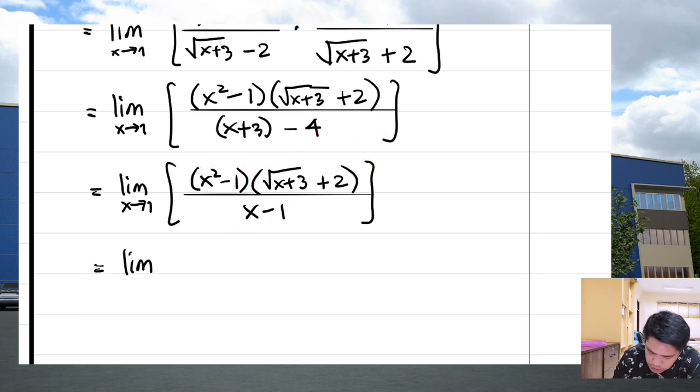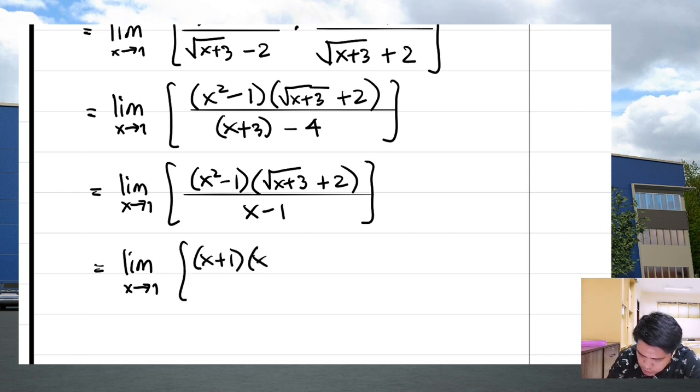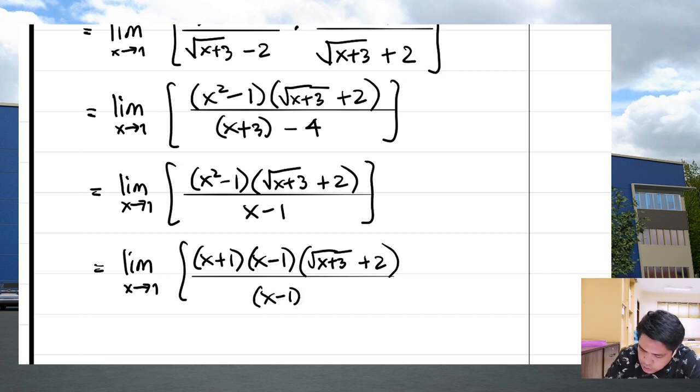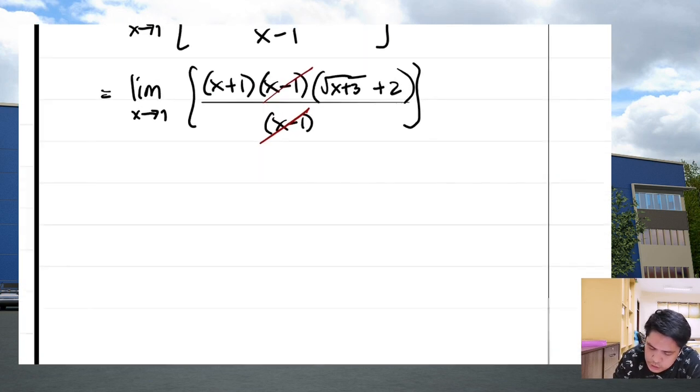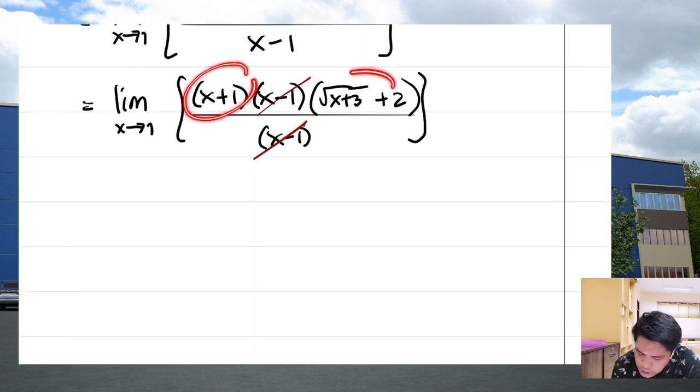This becomes the limit as x approaches 1 of x plus 1 times x minus 1 times the square root of x plus 3 plus 2 all over x minus 1. So we could now cancel this out, this one, cancel that out. So this is now our function in which there is no longer a zero denominator.